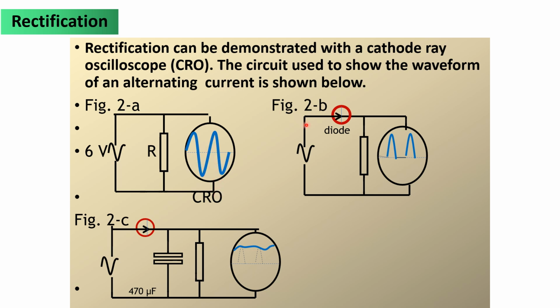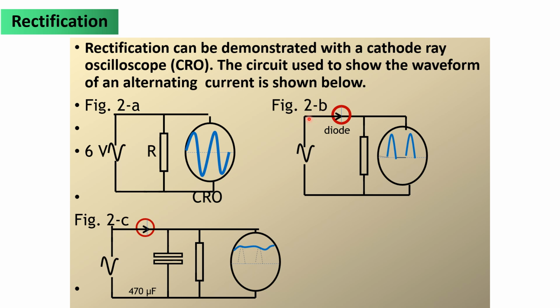In figure 2B, there is now a diode. This is the symbol for a diode. The diode now is connected as shown. The arrow indicates that this point here is positive and that is negative. So, in other words, when this is connected in forward bias, meaning if this part of the source is instantaneously positive, we say that this diode instantaneously is connected in forward bias.